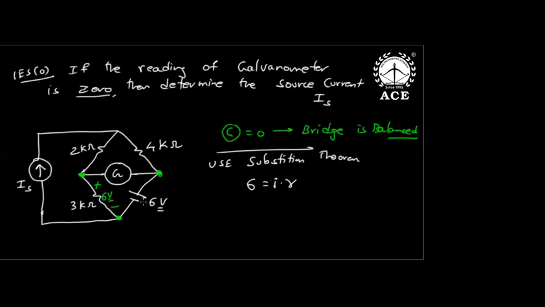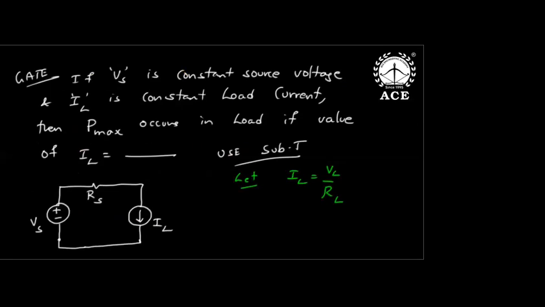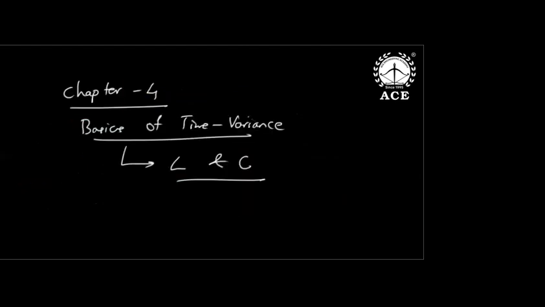Here too, the confusion with the 6 volt battery was resolved by the substitution theorem, and I got the source current. Then, if Vs is a constant voltage source and IL is a constant load current, Pmax occurs in the load if IL value is dash. IL is VL by RL. Then I got this value also.